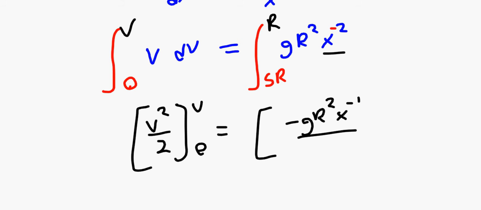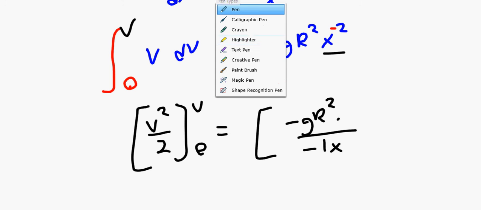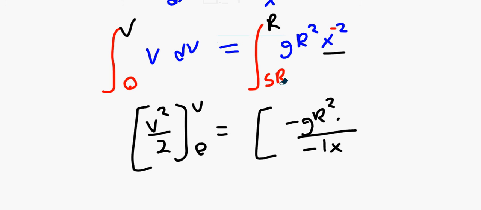So the x will be on the bottom. Divide by the new power, so it's over 1x, yeah? And what happens to the two minuses? Yeah, they become positive, so that's alright. It's looking like it's staying positive, but I think the limits are going to fix that for me in a second.